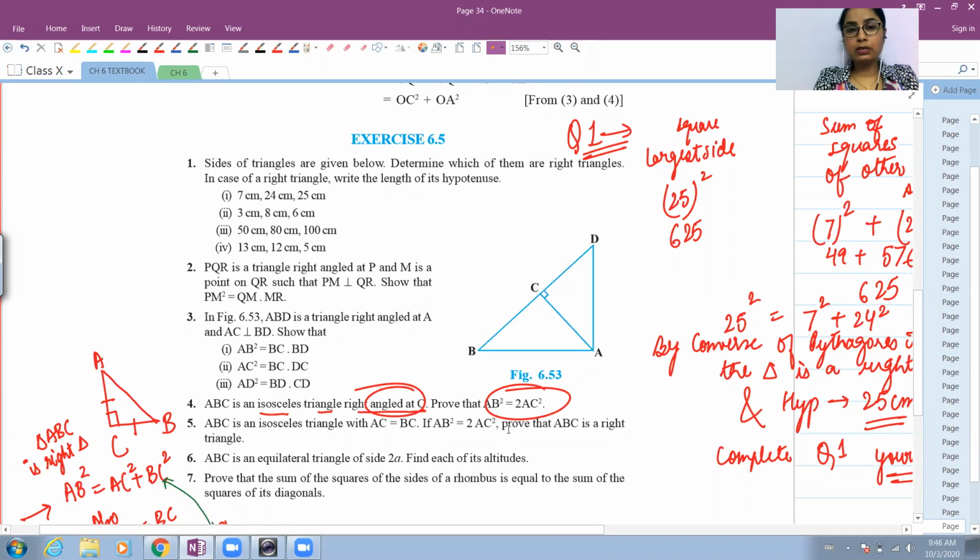Further, they have given the result that we proved in the last question. So, this is given to us. Prove that ABC is a right triangle. So, we are going to write down the answer in the reverse order of the steps that we have written in question number 4. All the steps of question number 4 will come in reverse order.